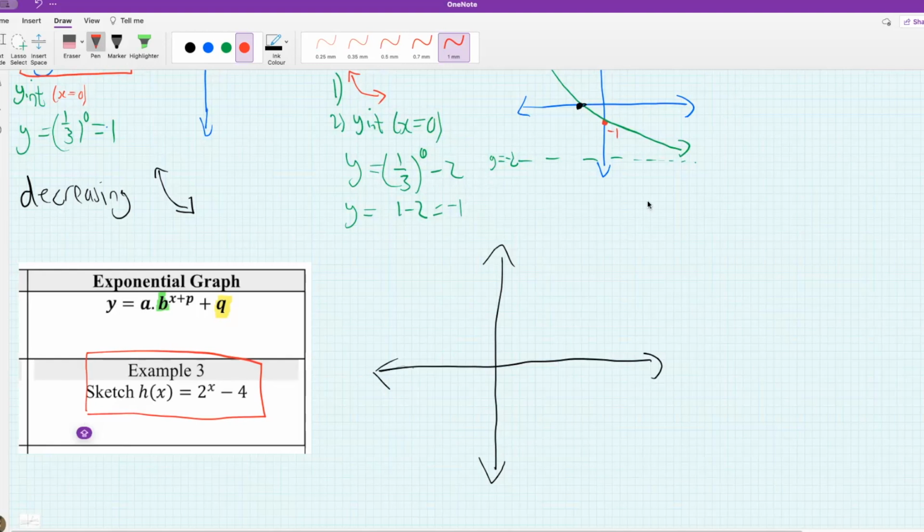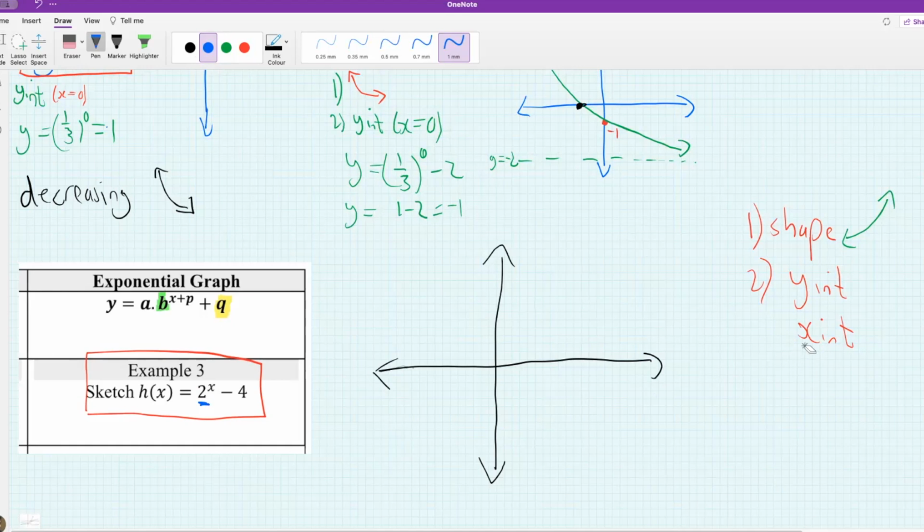So I definitely think the y-intercept is going to be one of the processes that we need. So the shape, the y-intercept, and maybe we can even try and find an x-intercept if there is one. The shape for me would be like it's taking off, and the reason it's taking off is because there's a positive 2 value.